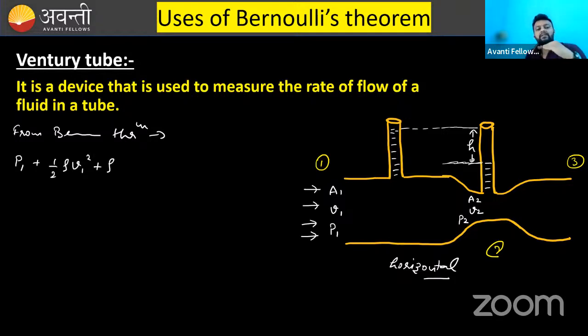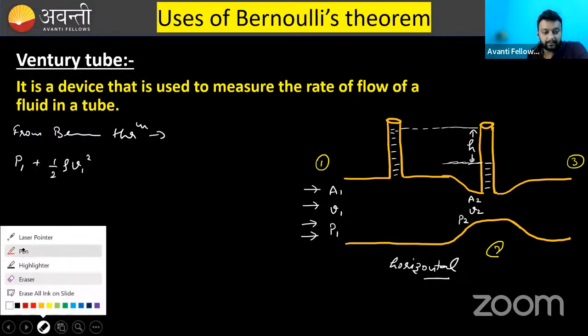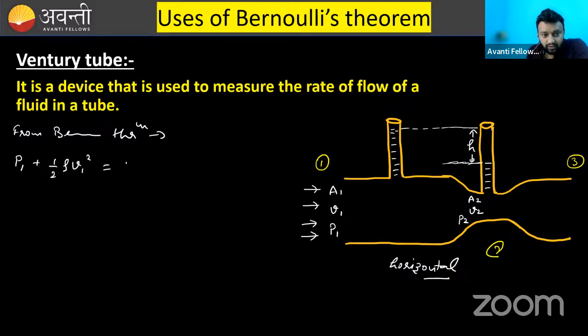If it is horizontal, then there is no effect of height. At both the cross sections, height will be the same. So I am not writing the term of potential energy here. It is equal to P2 plus half rho V2 square. So I am applying Bernoulli's theorem between ends 1 and 2.